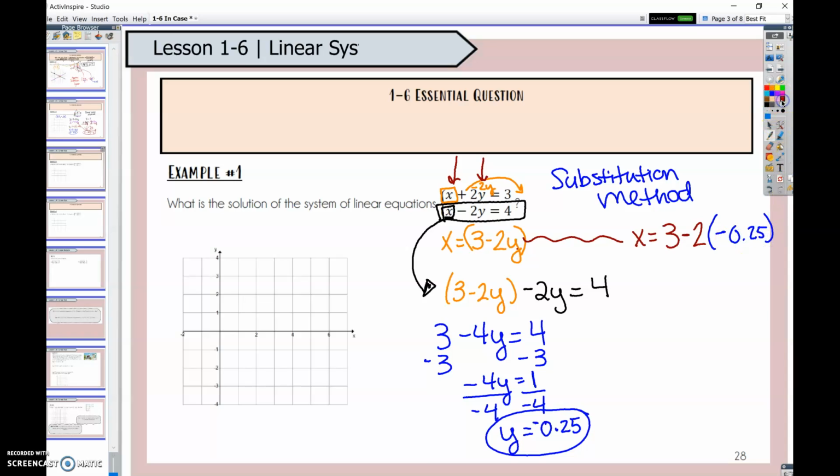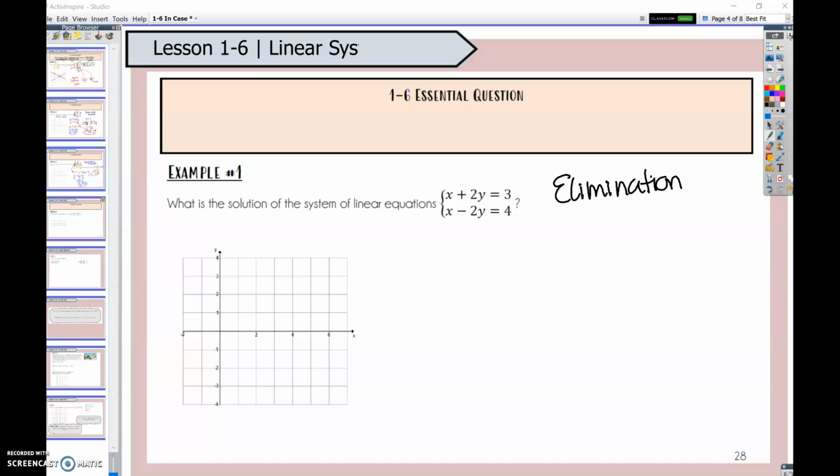Again, thinking of quarters, 3 take away 2 quarters. It's a negative times a negative, so it'll be a positive 0.5. And there I have my 3.5 for x. Same answer, different method. Finally, we have one of my favorite methods.